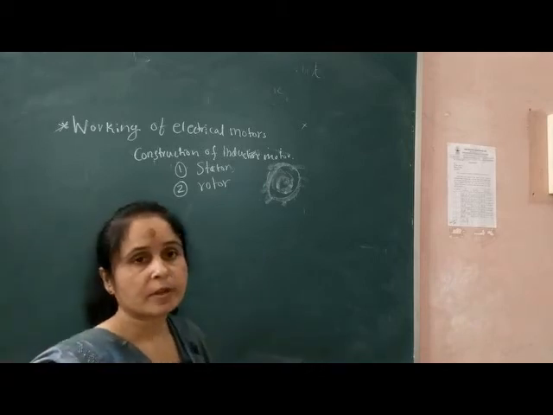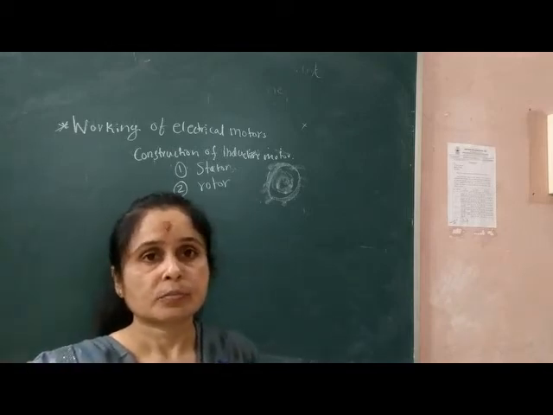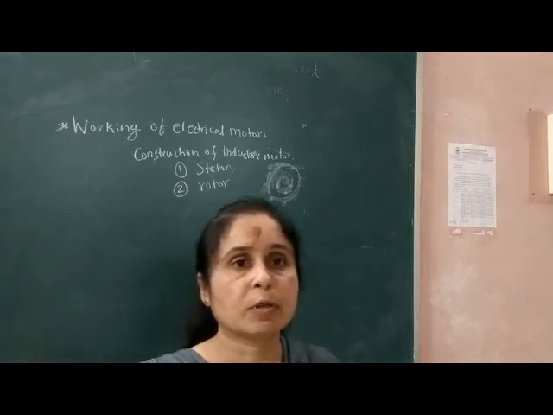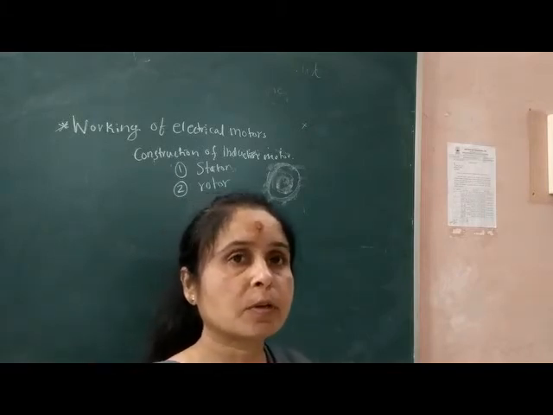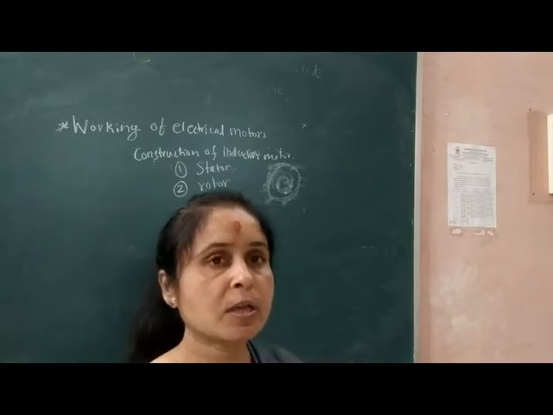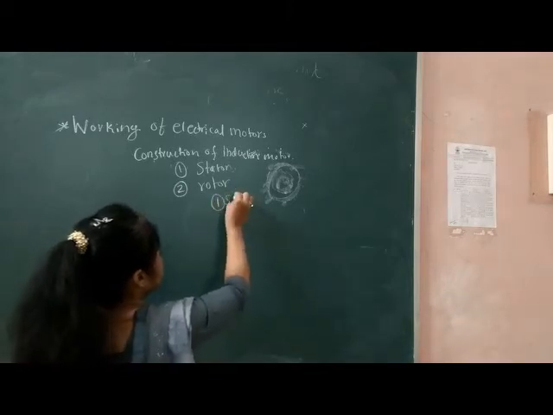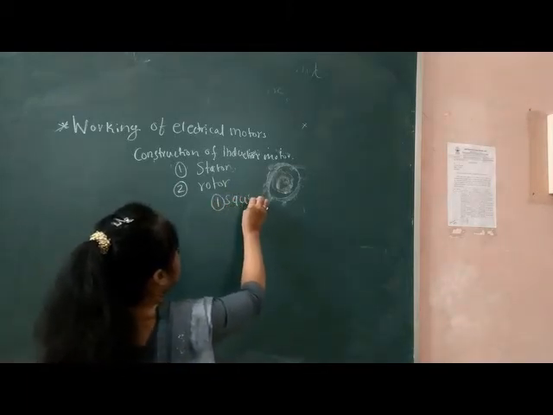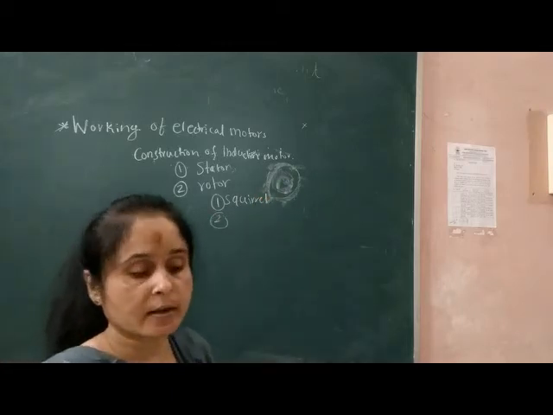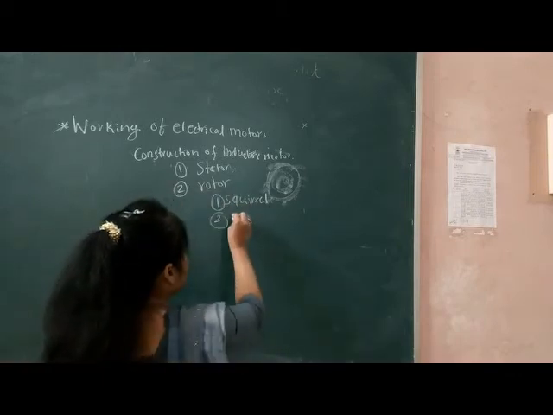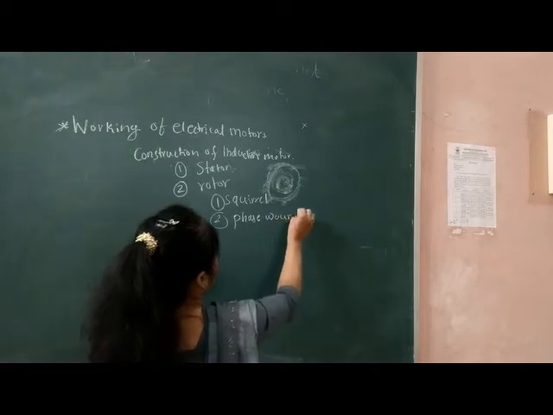The second type is the rotor, another form, which is very different compared to the stator form. There are two types of rotor: first is the squirrel cage type of rotor, and second is the phase wound rotor.